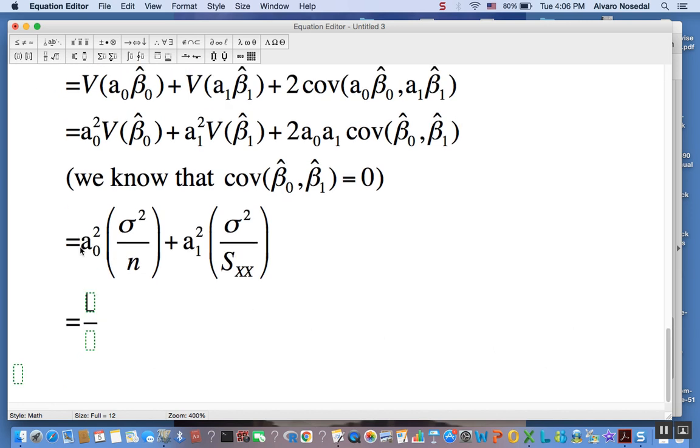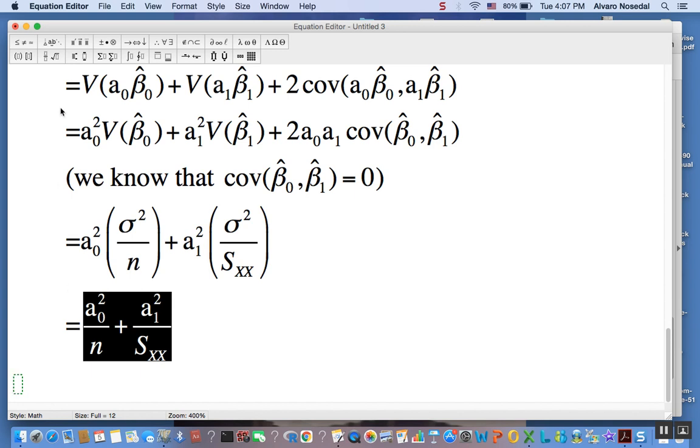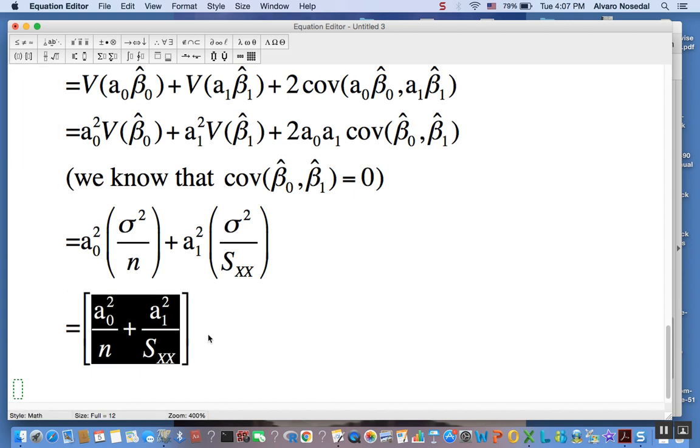We're going to have A0 square divided by n plus A1 square divided by SXX, the whole thing multiplied by sigma square.